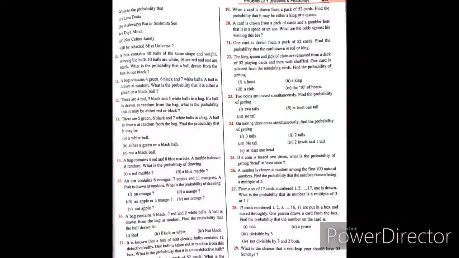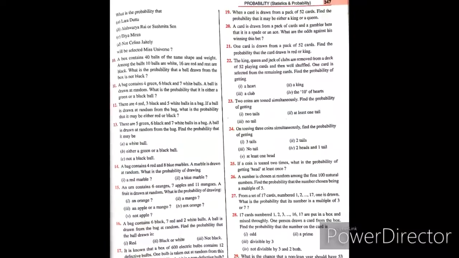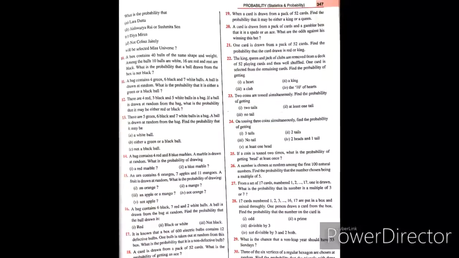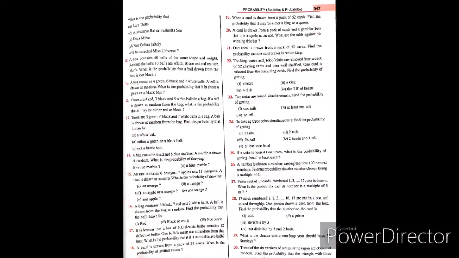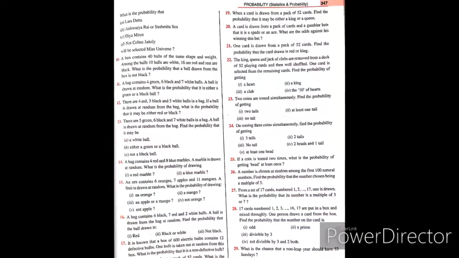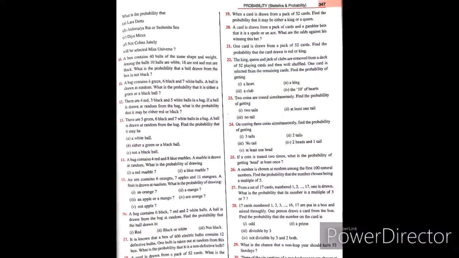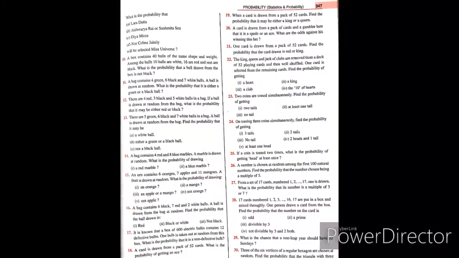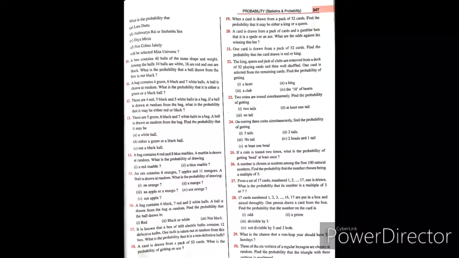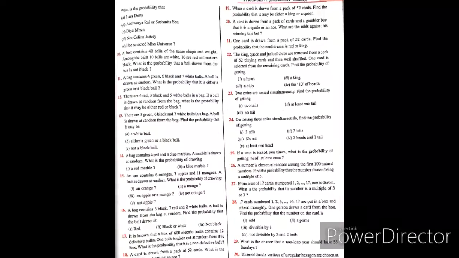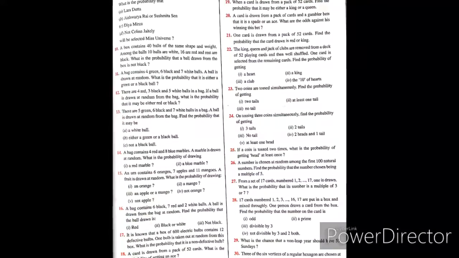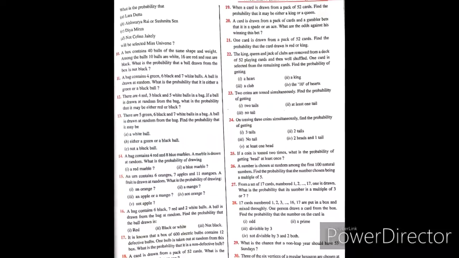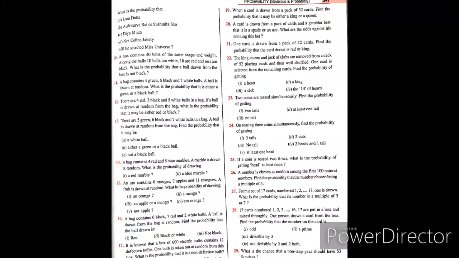Then we can have 52 plus 1, 53 Sundays. That one extra day can be a Sunday in one way. The probability that the extra day becomes a Sunday is 1 by 7. So the probability that a non-leap year has 53 Sundays is 1 by 7.